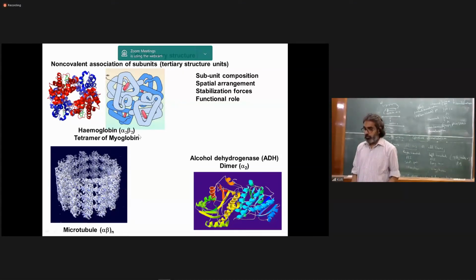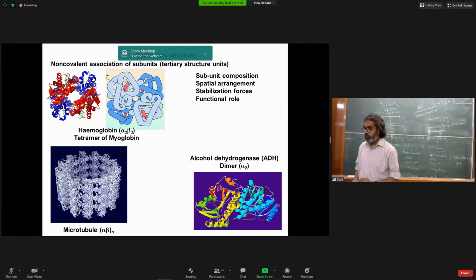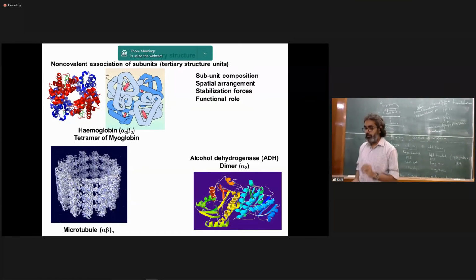Okay, so this is 4 units. On the right side bottom is a dimeric unit, alcohol dehydrogenase. 2 identical molecules called alpha type come together and form a dimer. This is actually a functional unit, meaning that when it functions, it dehydrogenates: it takes alcohol and converts it to aldehyde. So this enzyme exists in native conditions as a dimer, and the dimer functions.